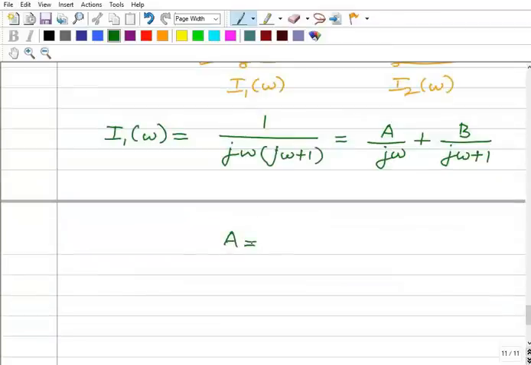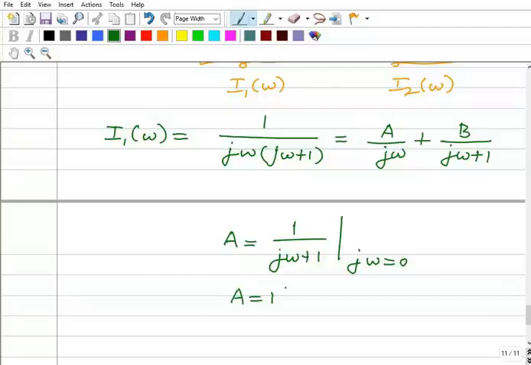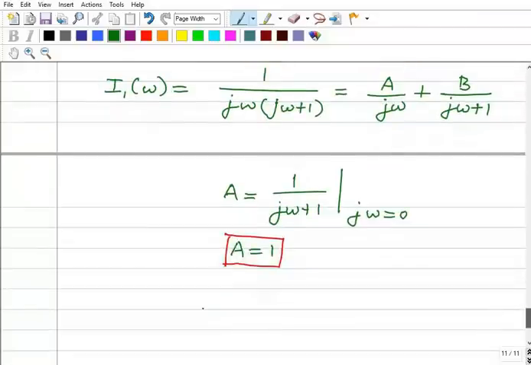I am just using the residue method. A is equal to 1 over j omega plus 1, at j omega equal to 0. A is 1. Then B: 1 in the numerator, j omega in the denominator, at j omega equal to minus 1.